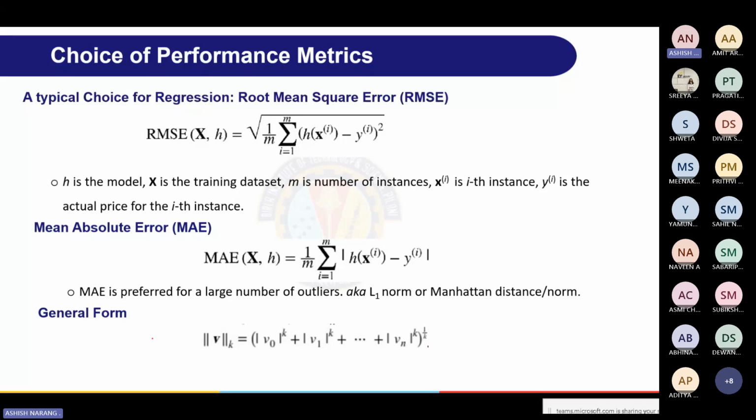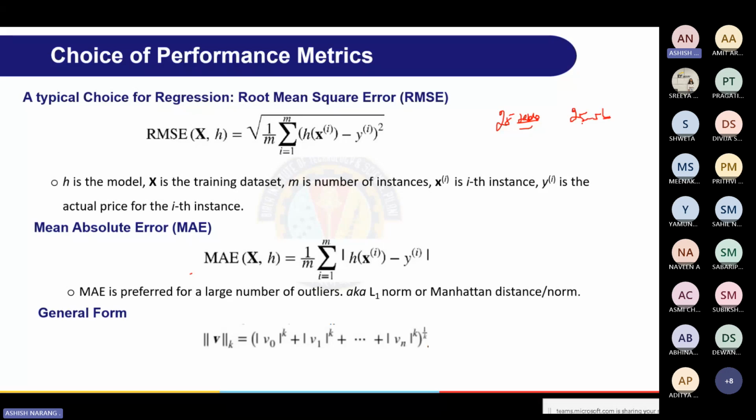Then I said you will have to choose certain performance metrics. When I'm doing a regression model, what I'm trying to predict is how close it is to the actual value. The regression model has given me some prediction value, let's say 25 lakhs for our problem. The actual is, let's say, 25.5.